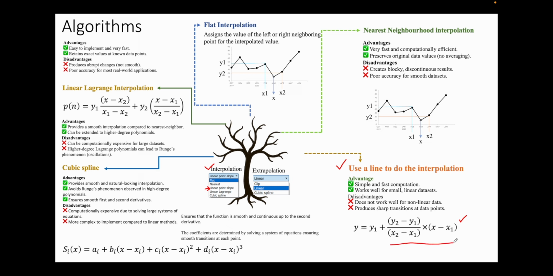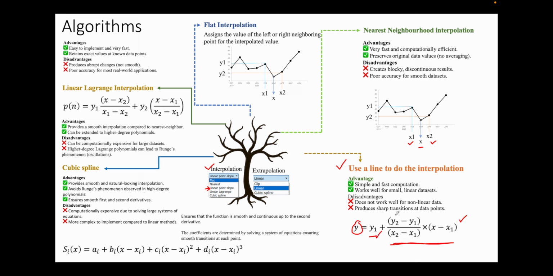If you have the graph and you have x1 as the prior point and x2 as the next point, x is the point at which you want to determine the value of your output, which could be y. So over here it is y. You will be having a corresponding value: for x1 it will be y1 and for x2 it will be y2. So those values you need to put here.